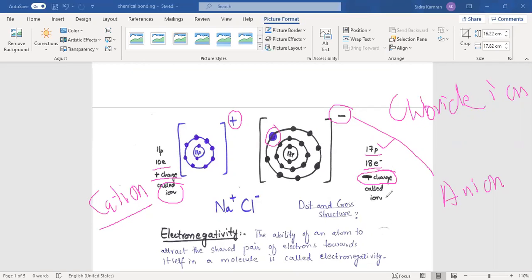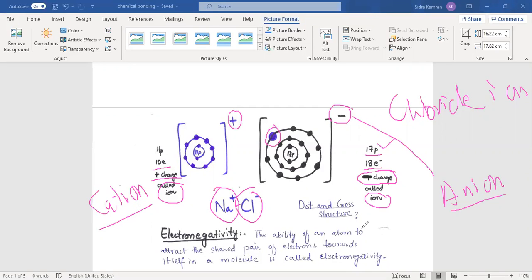That negative charge makes it an ion, and specifically the negative ion is called an anion. So ionic bonding takes place by the formation of ions. Now you can see the sodium positive ion and the chloride negative ion combine together and make the bond. In this way they combine and make the bond.